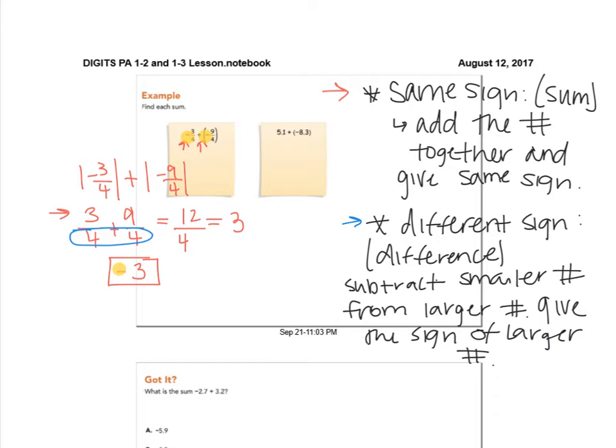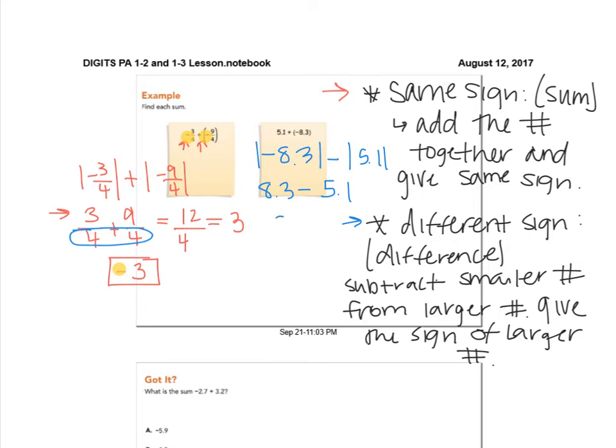So we are going to do the absolute value of negative 8.3 minus the absolute value of 5.1. The reason I put negative 8.3 first is because it's larger. So when we do subtract, we need to put the larger number first. And we're going to subtract the smaller number from the larger number. So the absolute value of negative 8.3 is just 8.3. And the absolute value of 5.1 is just 5.1.